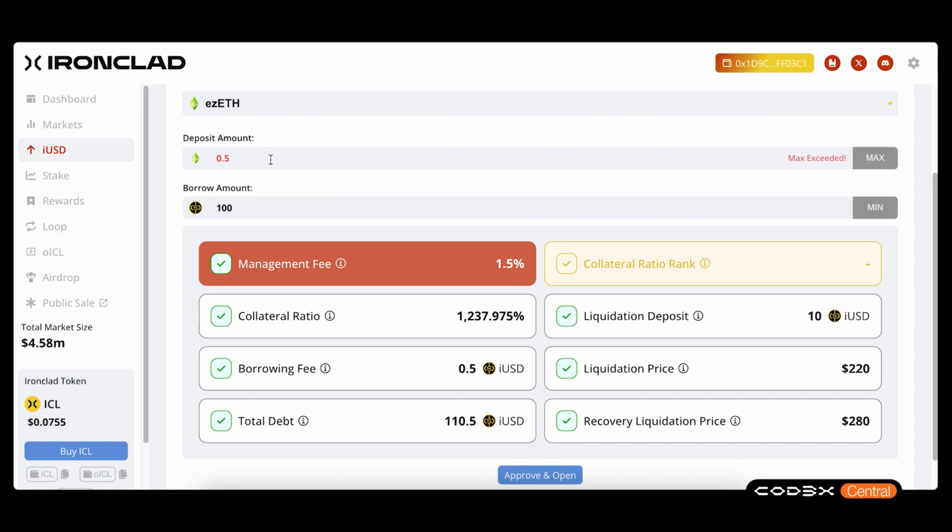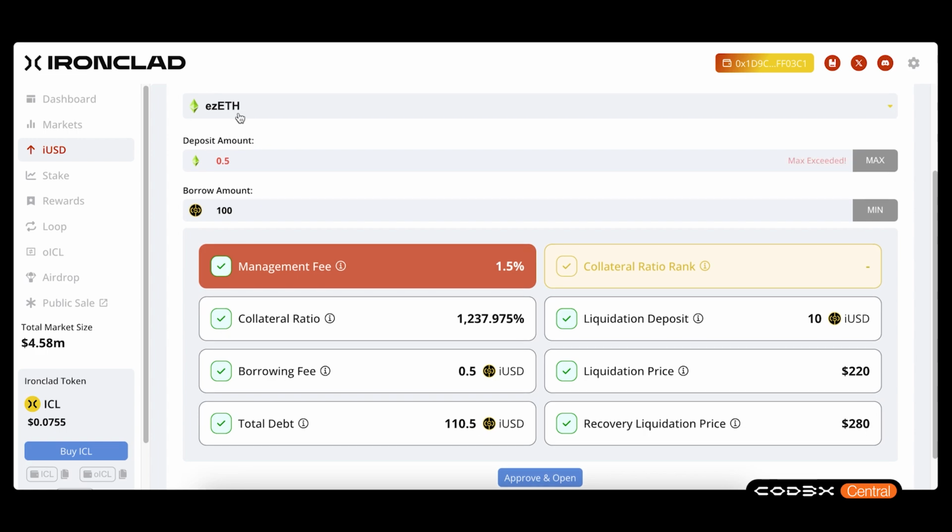So with Easy ETH, for example, they will mint IUSD, they'll swap it to Easy ETH, they'll deposit more Easy ETH, mint more, and loop that and leverage their exposure to Easy ETH to gain more exposure to the yield that it's producing and points or whatever for any reason why they want more exposure to Easy ETH.